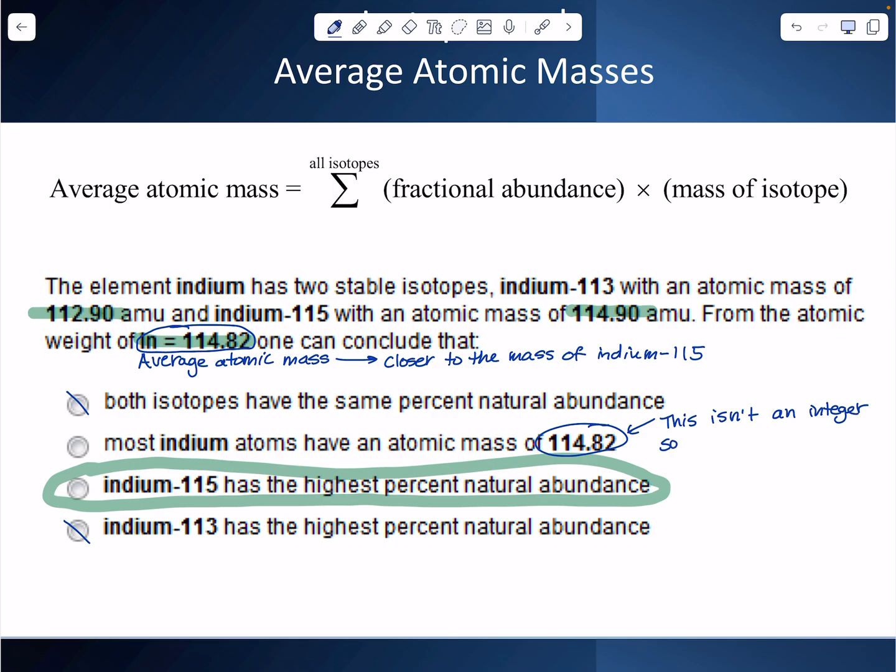So that mass can only represent the average mass of a group of atoms, not a single atom.